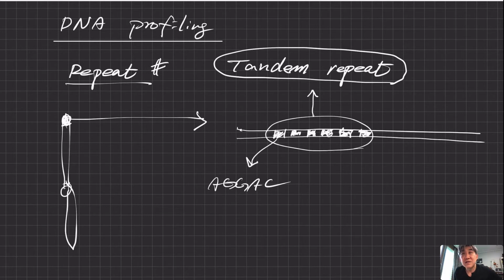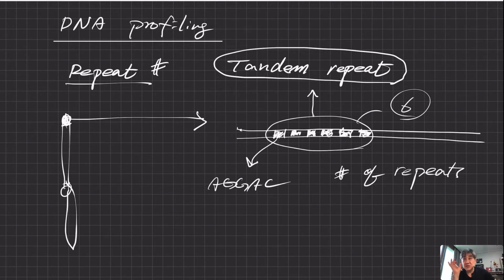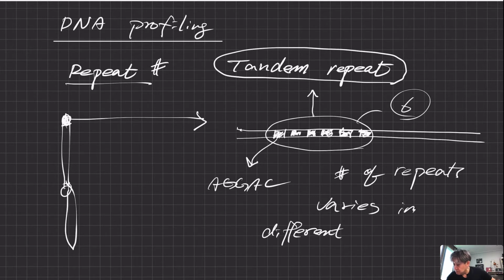And the interesting thing about this is the number of repeats. Here: 1, 2, 3, 4, 5, 6. Here the repeat number is 6. The number of repeats varies in different individuals.